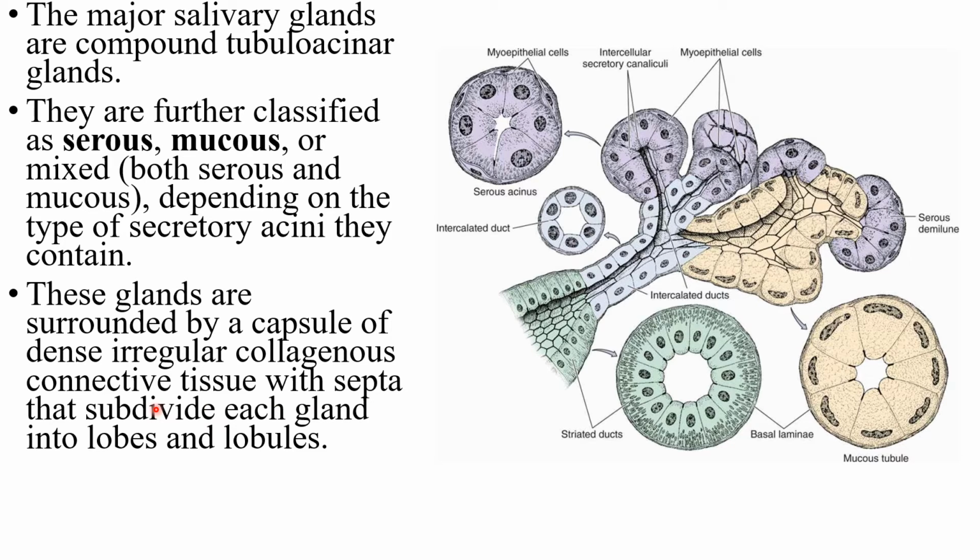These glands are surrounded by a capsule of dense irregular collagenous connective tissue with septa that divide each gland into lobes and lobules.